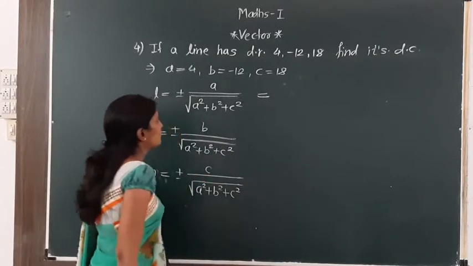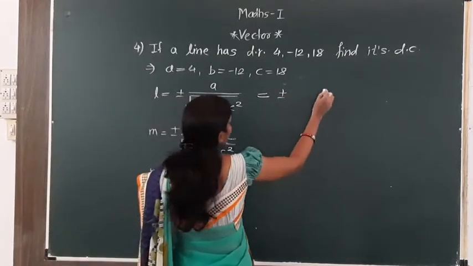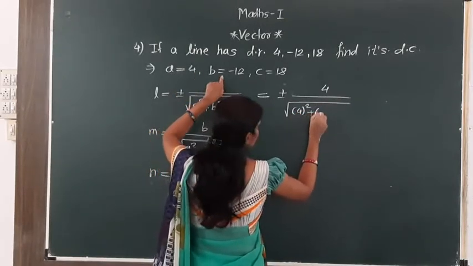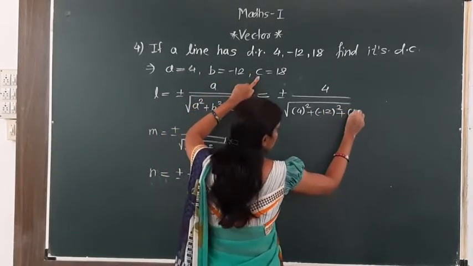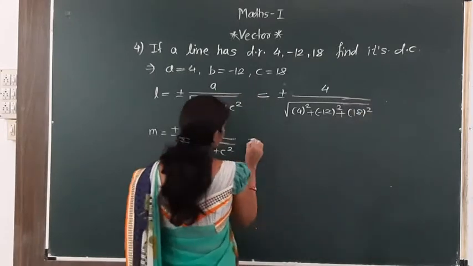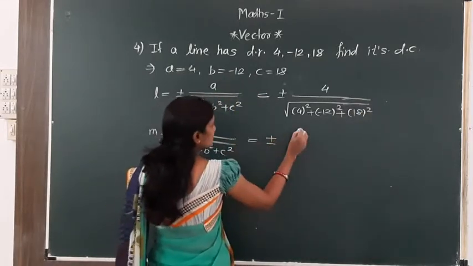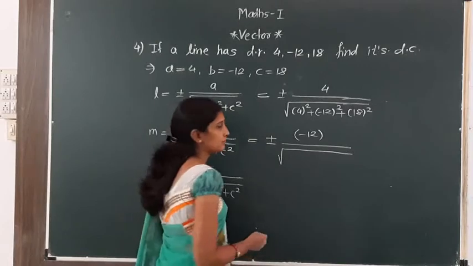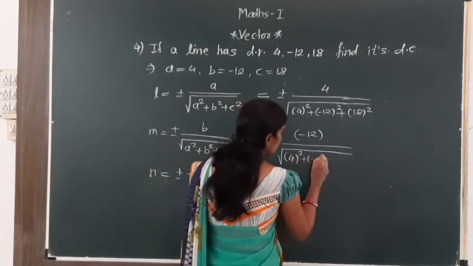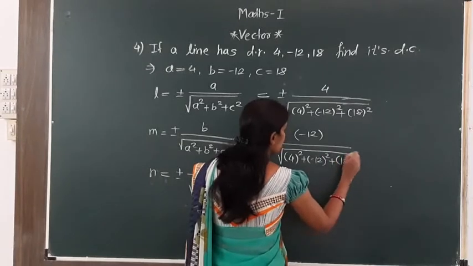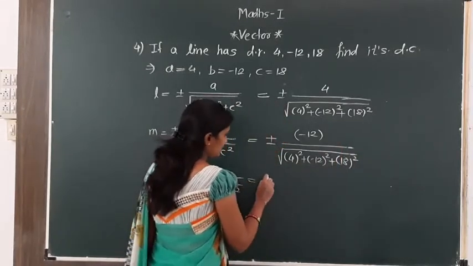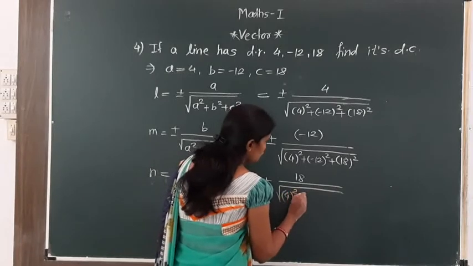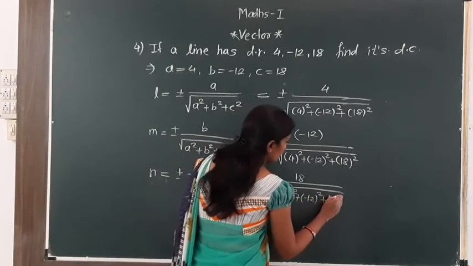Now, what is the value of A? A is 4. So 4 upon root of 4 square plus minus 12 square plus 18 square, then minus 12 divided by root of 4 square plus minus 12 square plus 18 square, and 18 divided by root of 4 square plus minus 12 square plus 18 square.